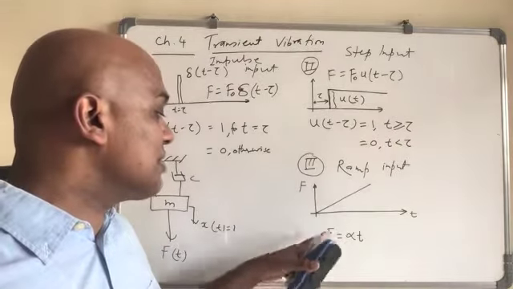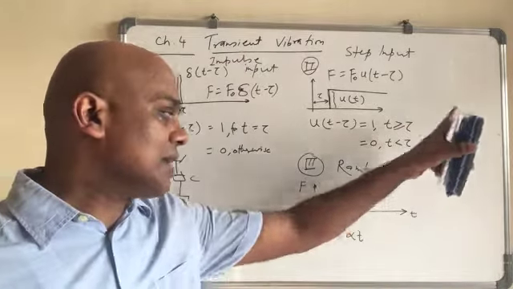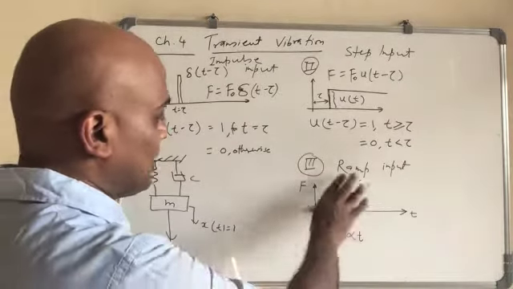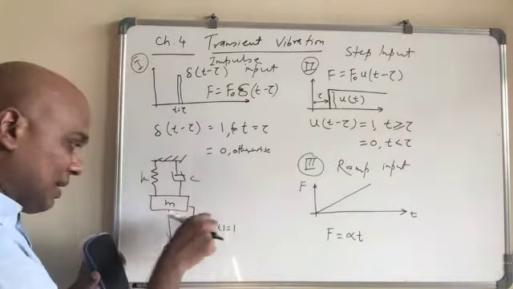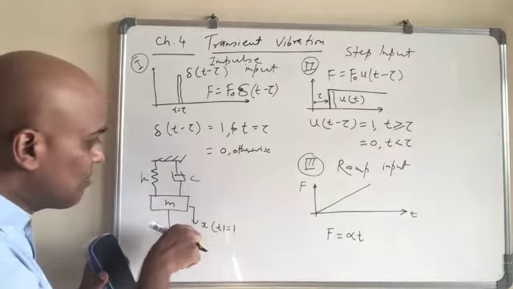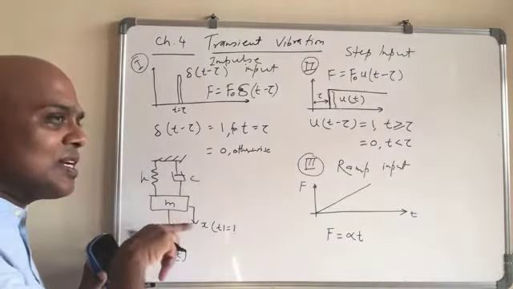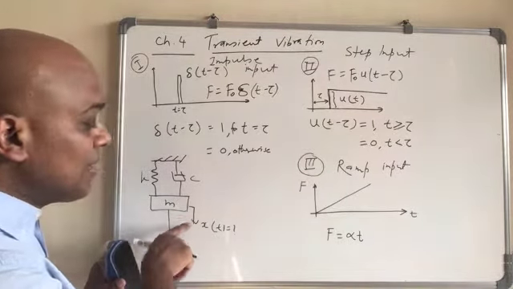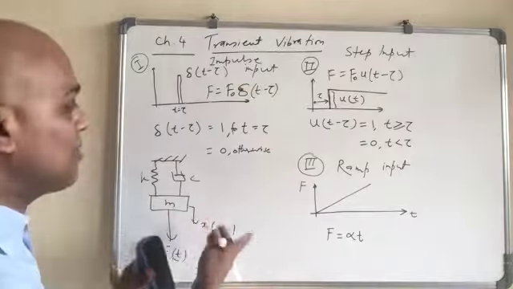At t equal to 0, F is 0, and it increases in a straight line. That means if your force increases linearly with time from 0, then what kind of displacement this mass will have, that we have to find out.